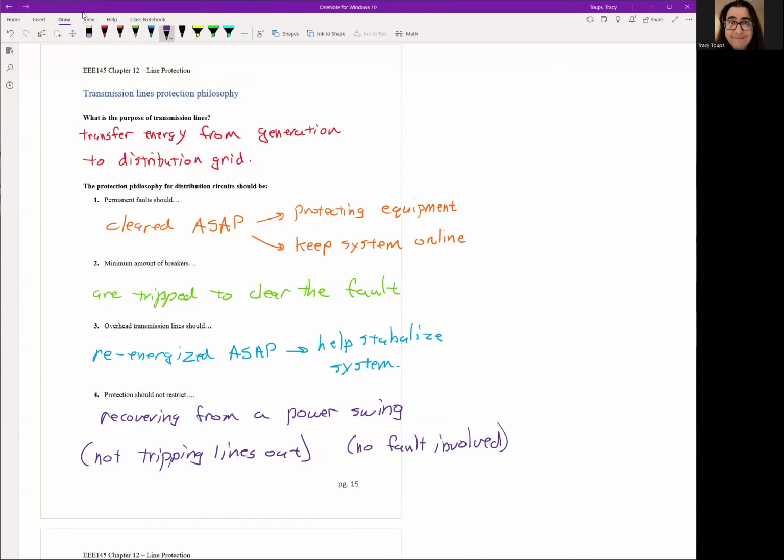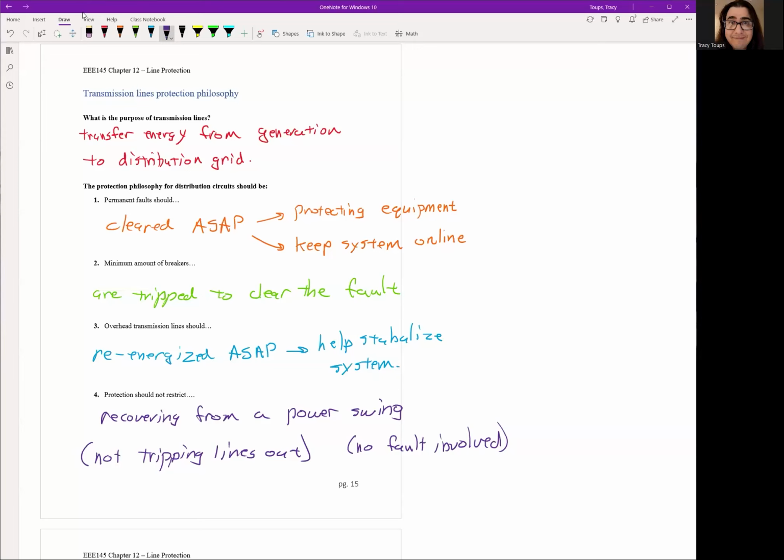You're going to have this kind of imbalance for a few seconds. We don't want the protection system to jump in and falsely flag it as a fault and trip transmission lines offline. Because when you have a power swing, you're already at a very dangerous part in the power system. Any power swing can lead to a blackout if not controlled. So let the power swing happen, let it stabilize itself.